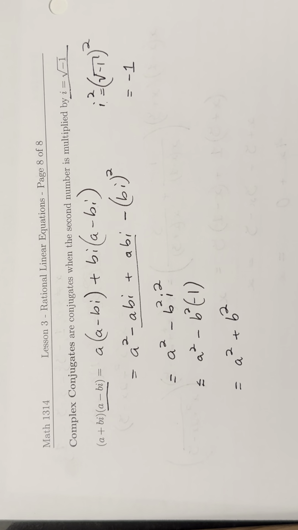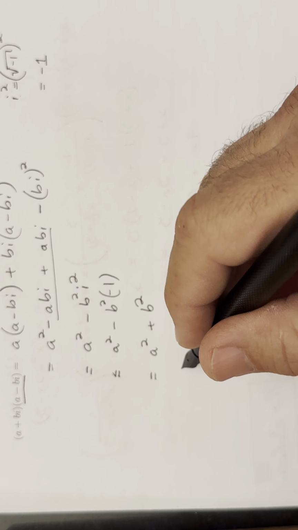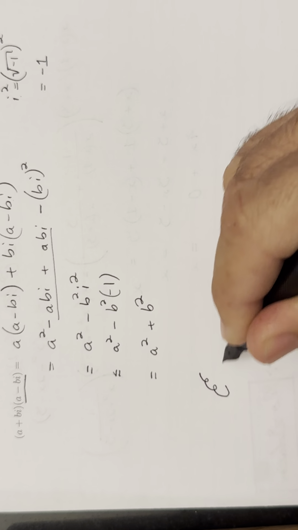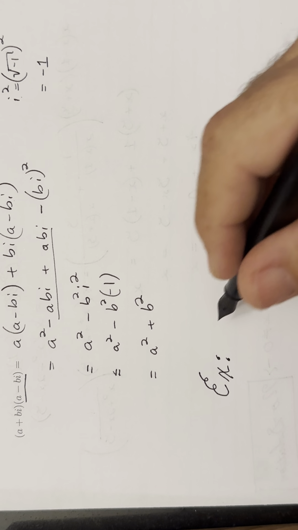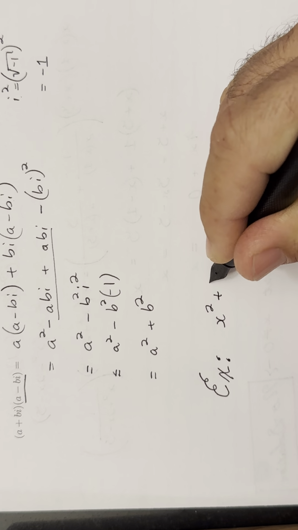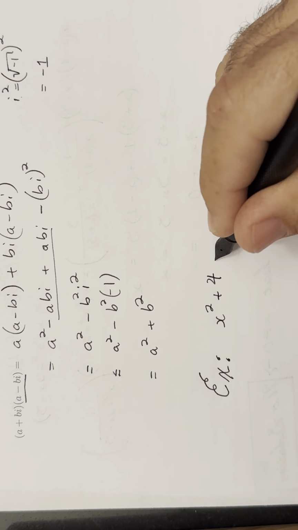So if you have the sum of squares, then you can use the complex conjugate to break this apart. So we'll just do a quick example here. Let's say I've got x squared plus 4, and I want to break this into a pair of conjugates.